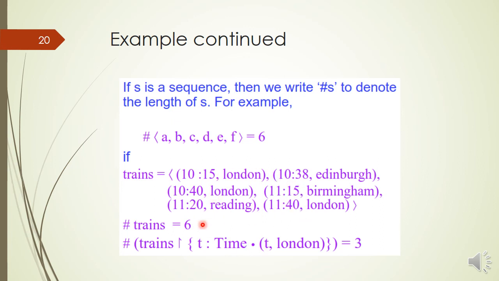The cardinality operator is basically the operator for sets, and sequences can be represented as a set of ordered pairs. Therefore, the cardinality operator is also applicable for sequences, and we have used the cardinality operator for this example.